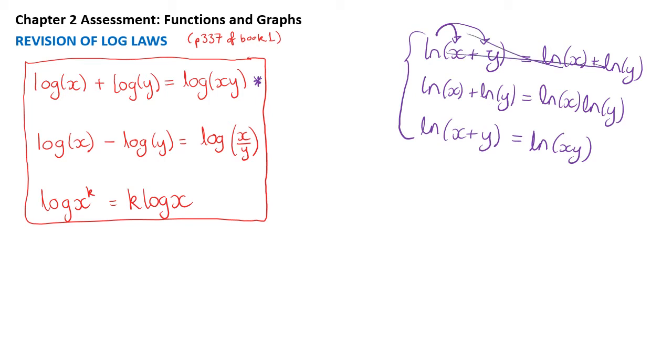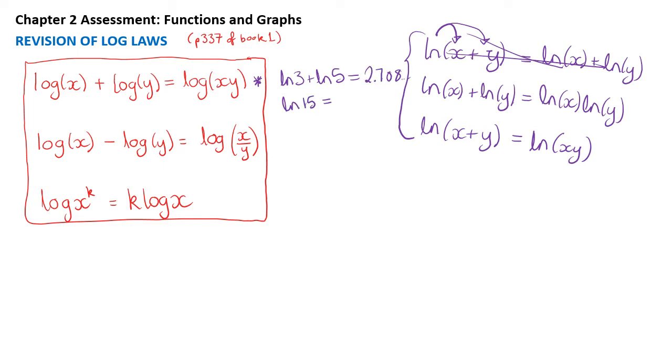Next one, where we've got log x plus log y equals log x log y. There are some really quick checks that you can do for this. Just in your calculator, write down your rule as you remember it and then check it. So here I would write log 3 plus log 5 and get my calculator answer. I get 2.708.